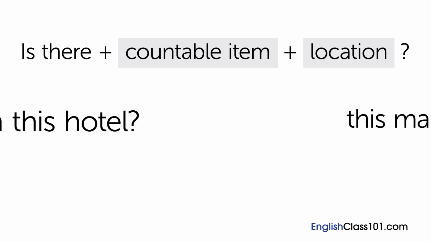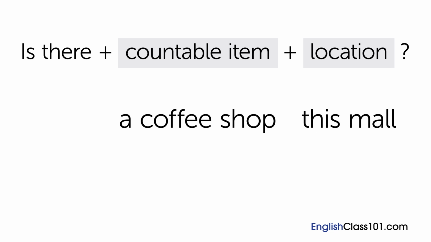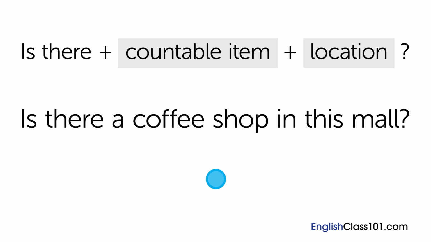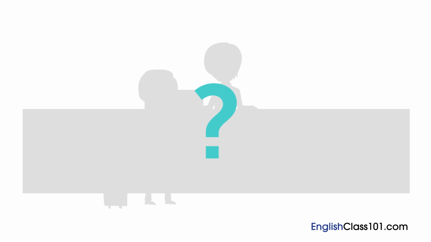Now imagine you're in a shopping mall and want to find out if there's a coffee shop in the mall. What would you say? Is there a coffee shop in this mall? Do you remember how Gustavo asks if there is shampoo or conditioner in the room?